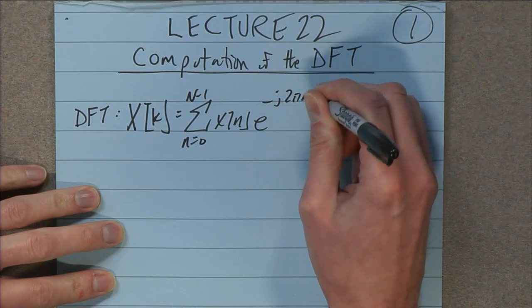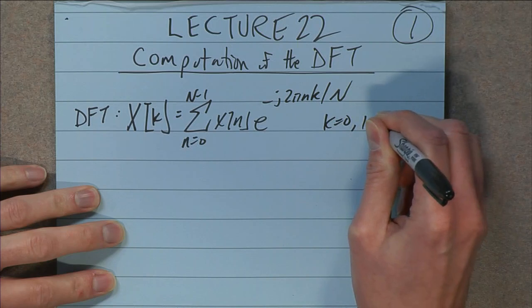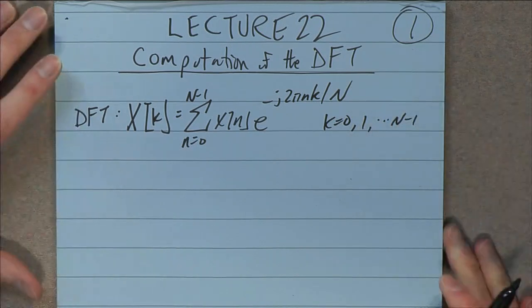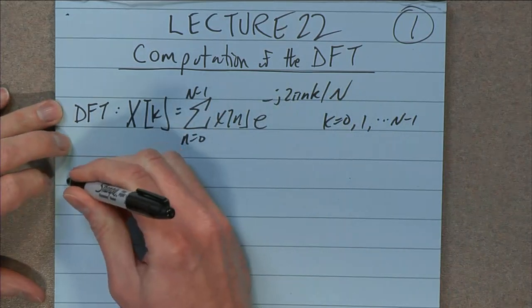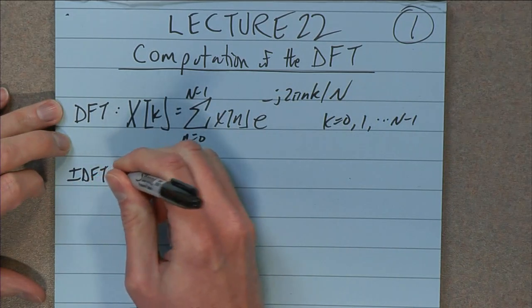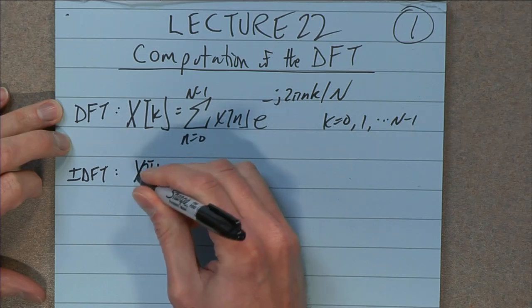That's e to the minus j 2 pi nk over capital N, summed from 0 to N minus 1. And the inverse DFT.